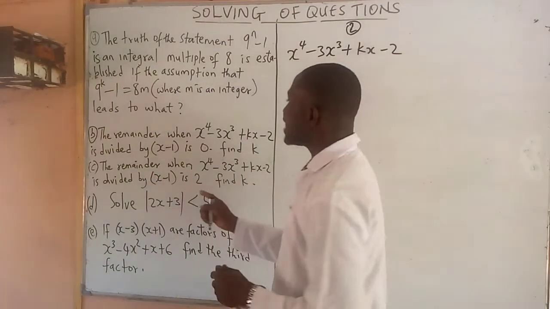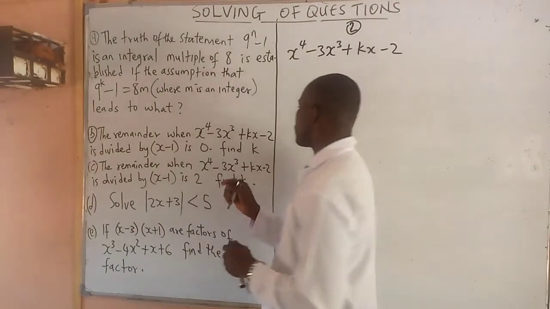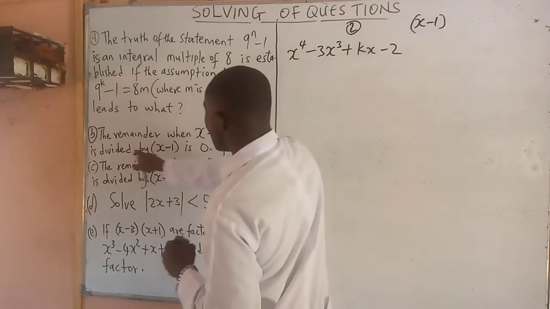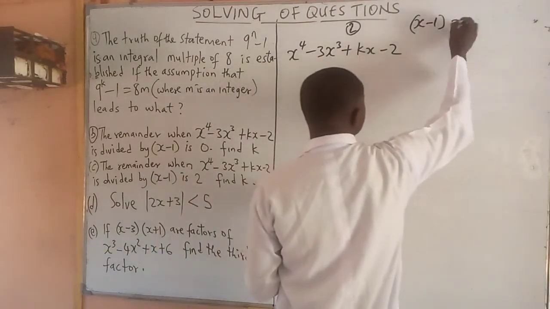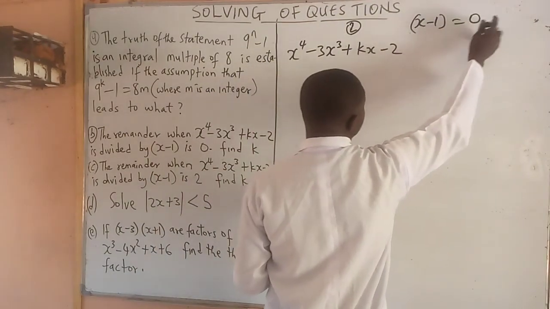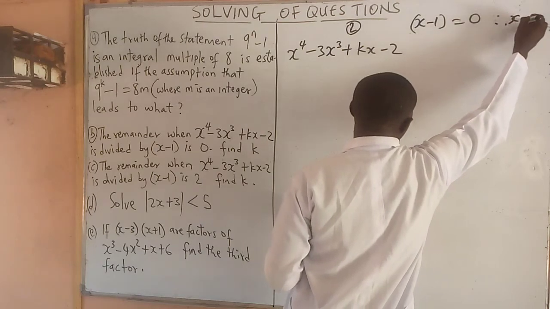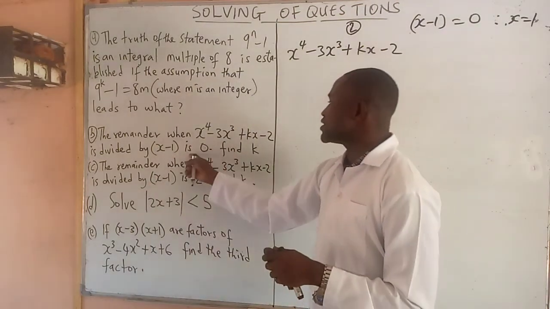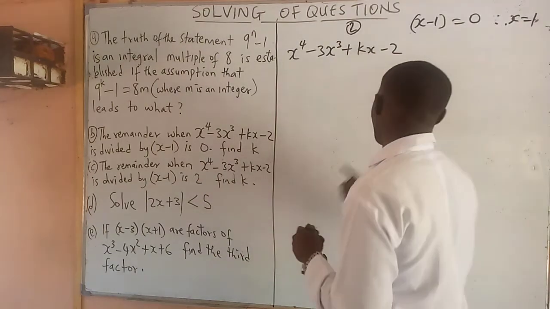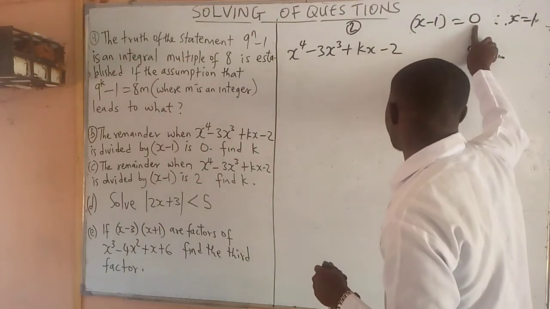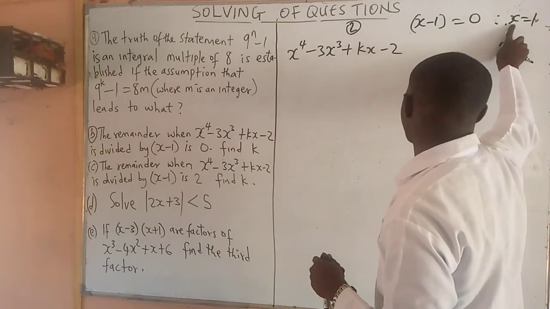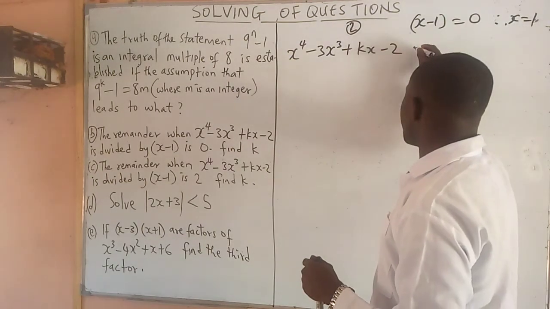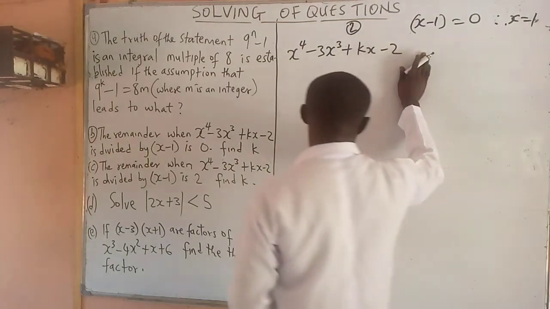Since the remainder is 0, when you make x minus 1, which divides it, equal to 0, you have x equal to 1. That simply means that when you put the value x equal to 1 here, the remainder will be 0. See what we mean?